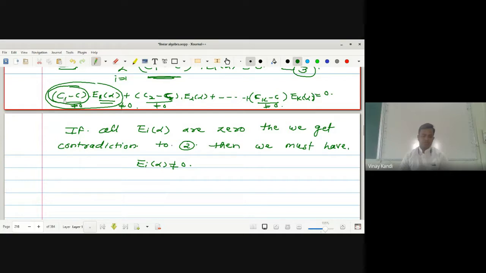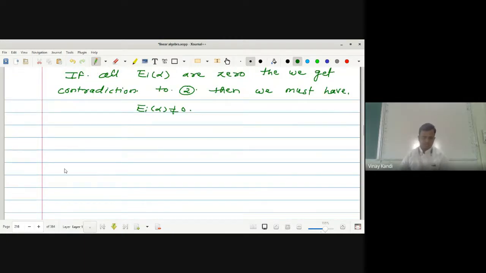What is the wrong assumption? See, with any other characteristic value, this one is wrong. Okay, now operate Ei on both sides. How do we prove this now?